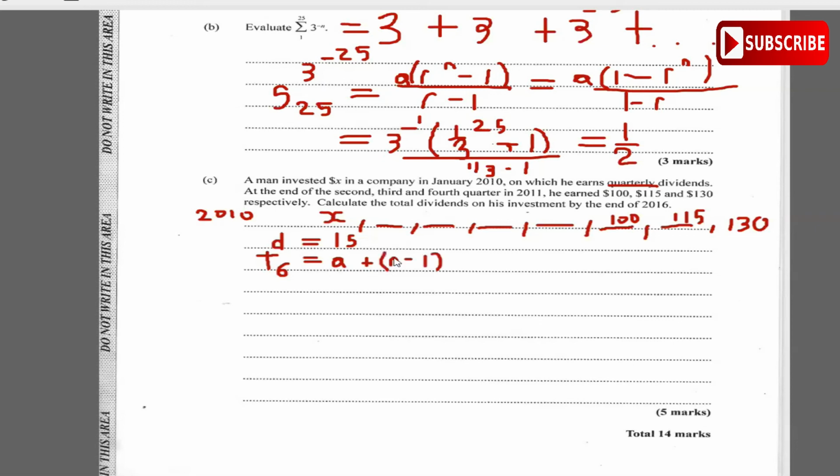All right, X is the amount that he initially invested. It's very important that we find A. So what does that mean?